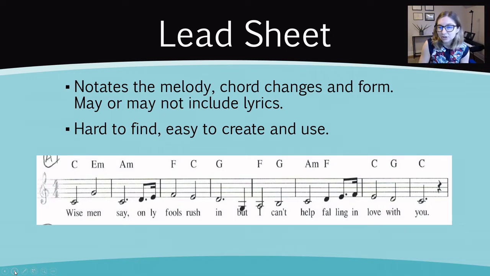But to find good lead sheets takes some time, especially for pop music. For jazz, totally easy with the fake books. But for pop, what I find is if you create a lead sheet, it's actually really easy to use. The student will learn the song extremely well, and it's pretty fast. So that's what I'm going to show you today, is how to create this lead sheet and learn the song very quickly.